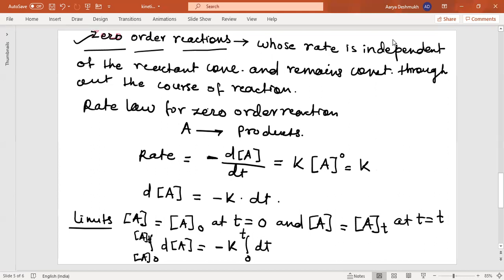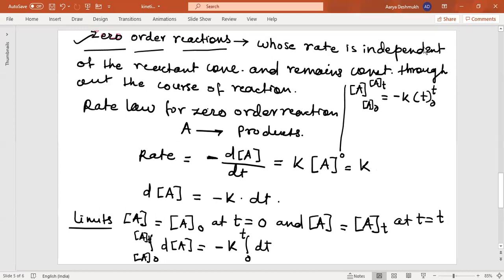Now, to accommodate the whole thing on the same slide so that everything is in front of you, the concentration of A between the limits, concentration of A at 0 time and at t time, equals minus K times t from 0 to t.